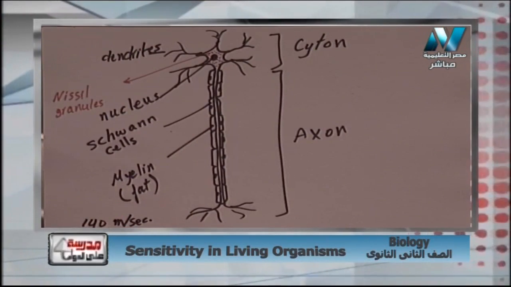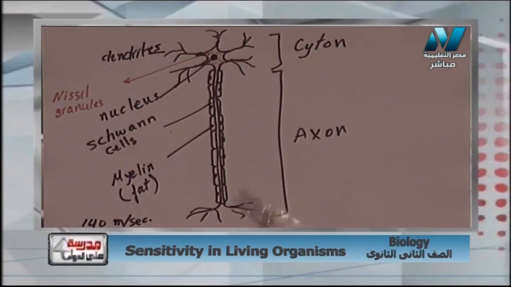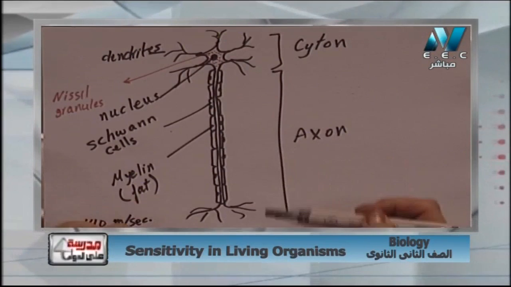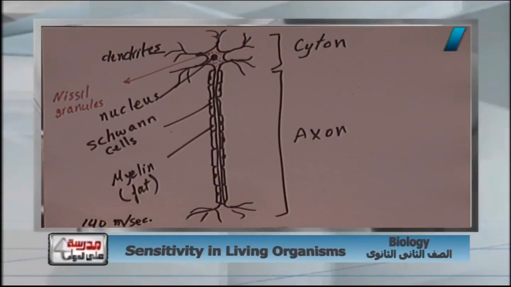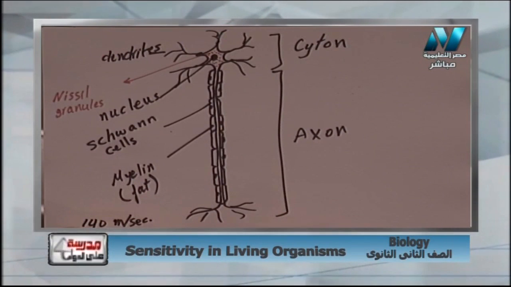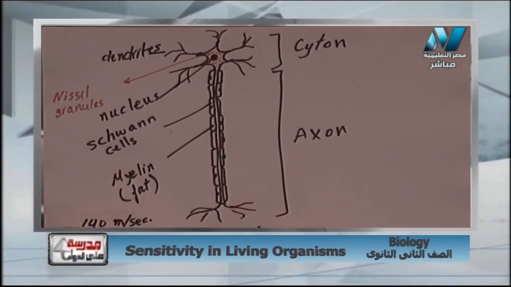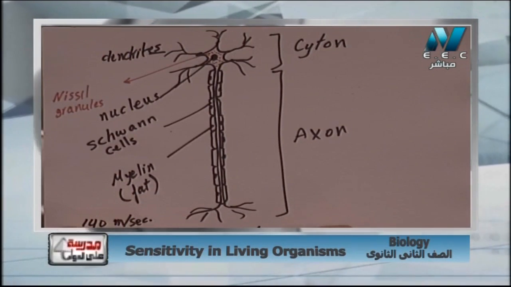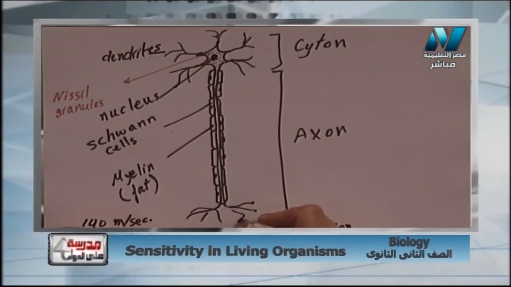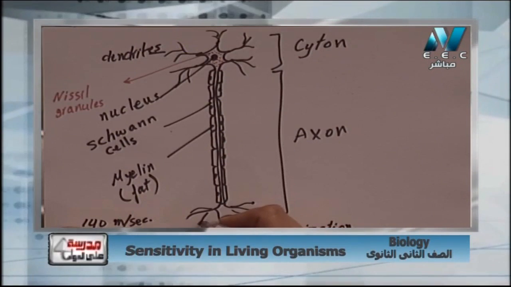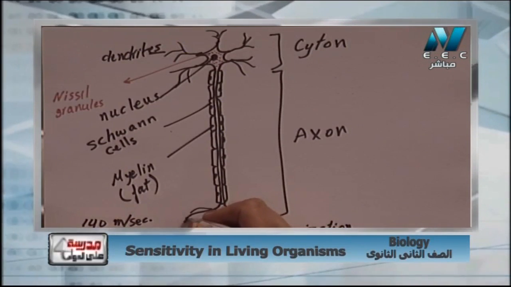So this is the drawing of the nerve cell, and the last part is called terminal arborization. The terminal arborization contains synaptic button, so we put it like this.